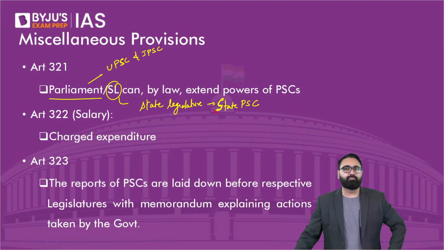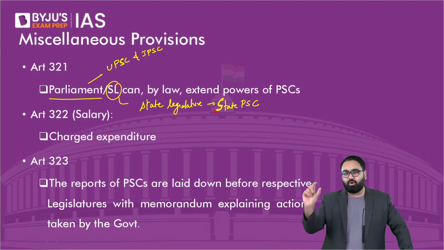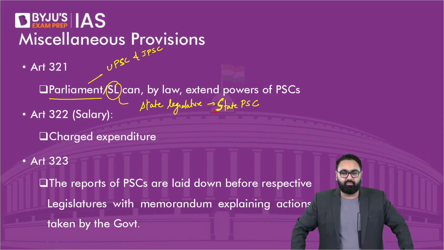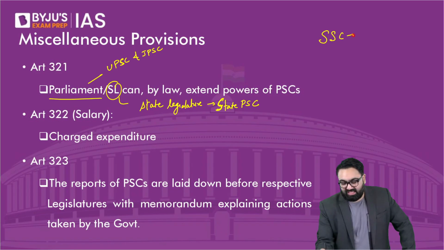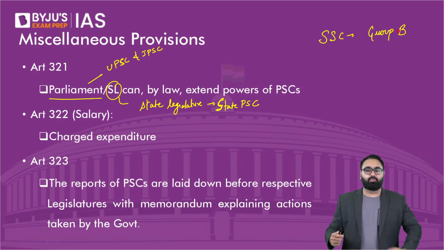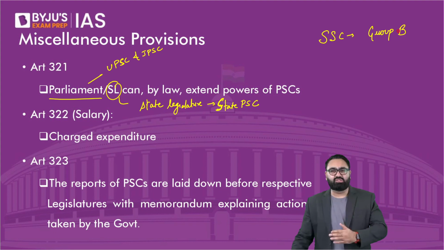As I said, the UPSC mainly conducts the examination for the Group A services of the Government of India. Apart from that, we have other services of the Government of India, like we have SSC. SSC conducts the examination, for example, for Group B services. Let's assume for a moment that the Government of India thinks that SSC as a body is not working well.